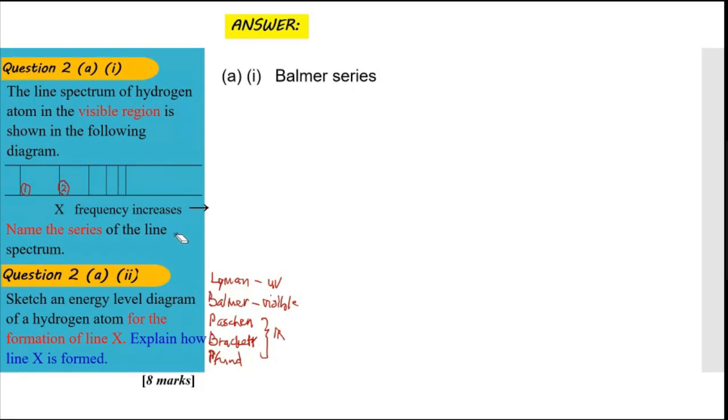Very easy. You see the lines that are separated very far apart from each other. That's where you should start off as line number 1. Line number 1 always has a very big gap from line number 2, and then it gets closer and closer, because a spectrum can be read from left to right or right to left, depending on how it is recorded.